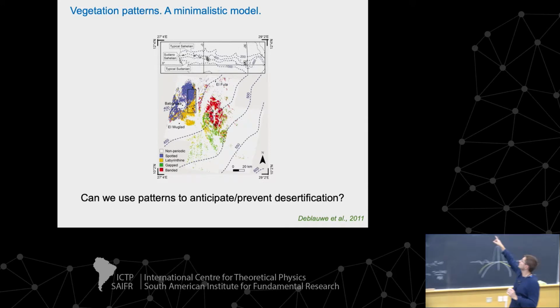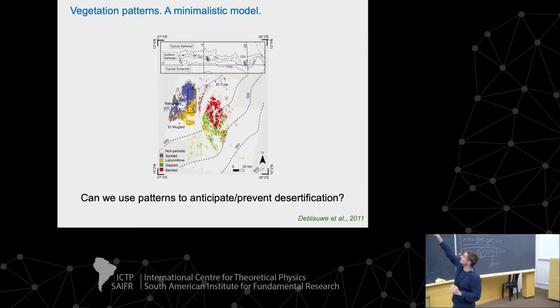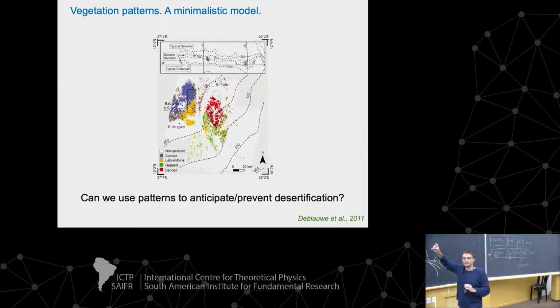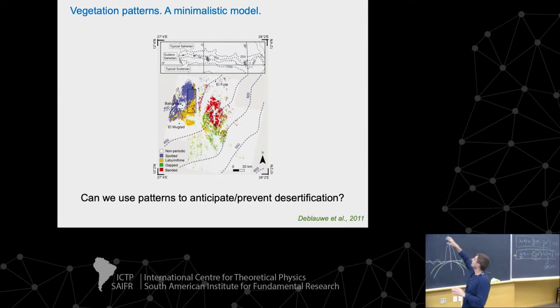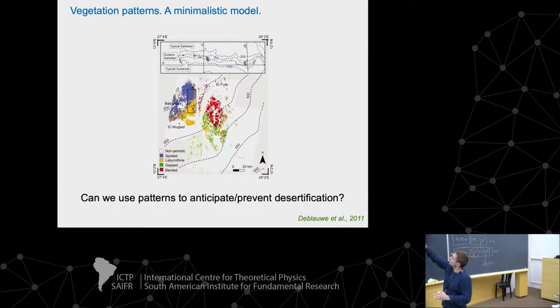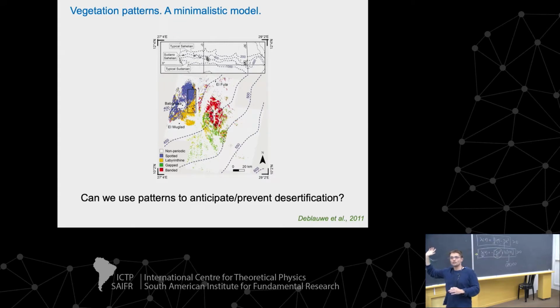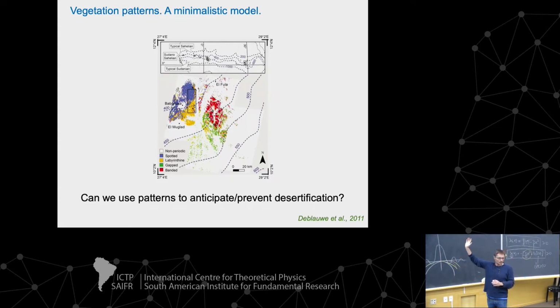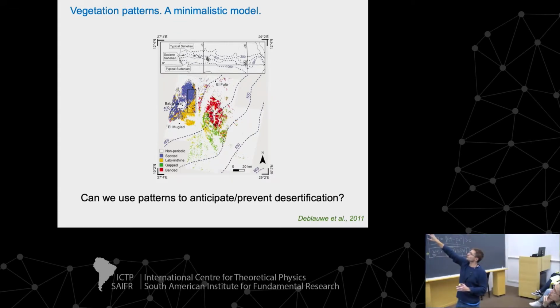And they found, as you can see, every dashed line marks an amount of water that the region has. And they found that as water becomes more scarce, from 550 to 500 to wherever, the shape of the pattern was correlated with that gradient. So when there is more water, we have a bunch of green dots.